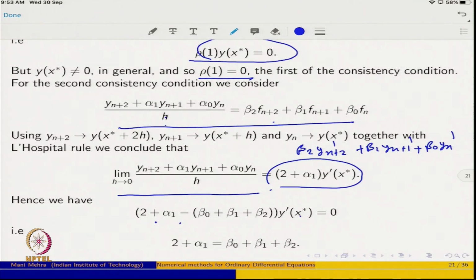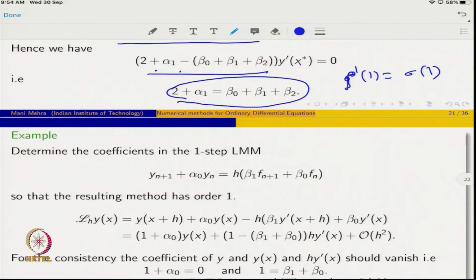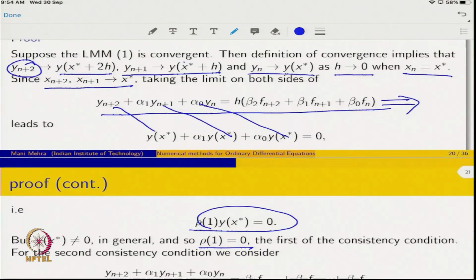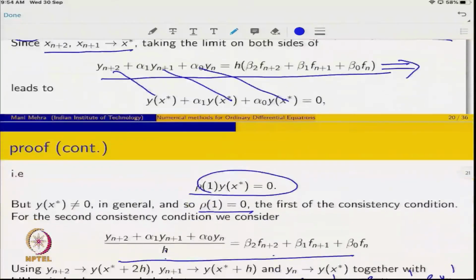If you use the definition of convergence, we can rearrange the terms in the following way and we end up with this, which is again the second consistency condition, because 2 plus alpha 1 is basically rho dash(1), which is equal to sigma(1). This is the second consistency condition.